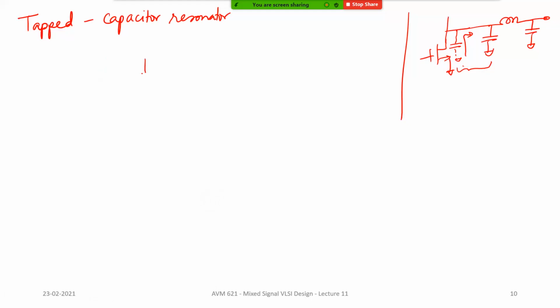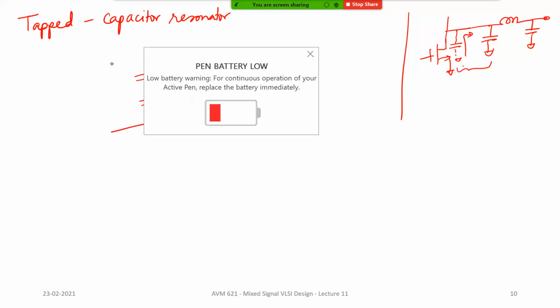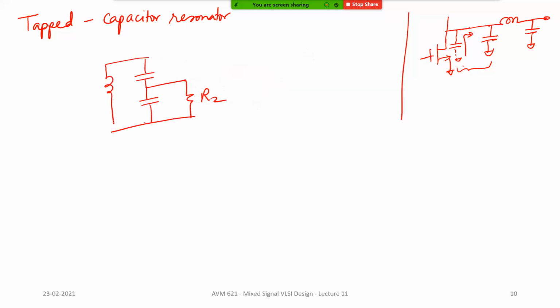So as the name suggests, there is, let's say this is R2, and because it's a resonator, you have an inductor, right? And you basically have, let's say, Ra. Okay, so L, C1 and C2. So because you have three elements, you can always have 3 degrees of freedom.